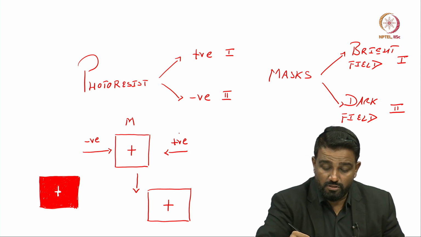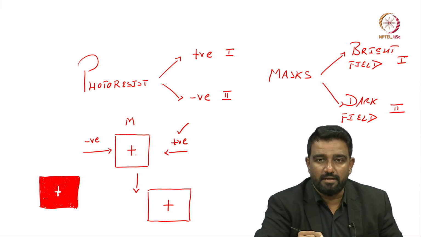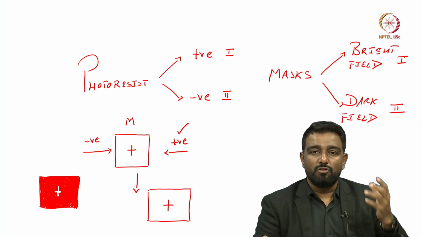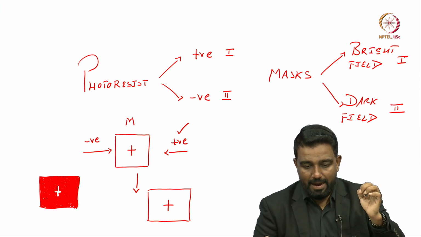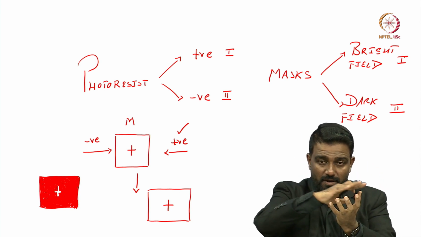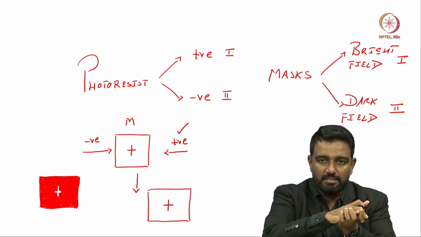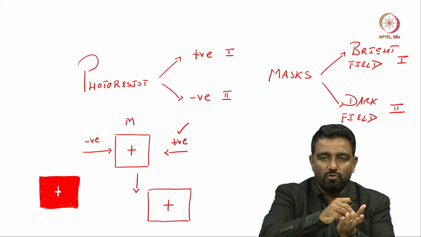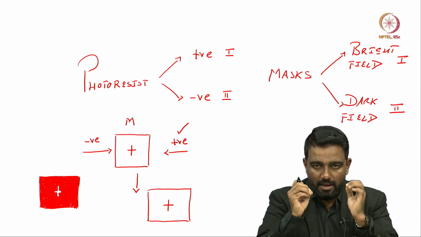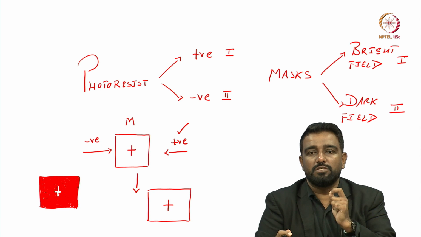How are we exposing through the mask? Through ultraviolet light. The wafer has a spin coating of photoresist, and on this spin coating we load the mask. When we expose it through the ultraviolet light, the area which is exposed becomes weaker when we talk about positive photoresist.